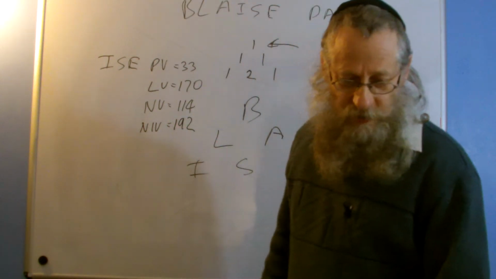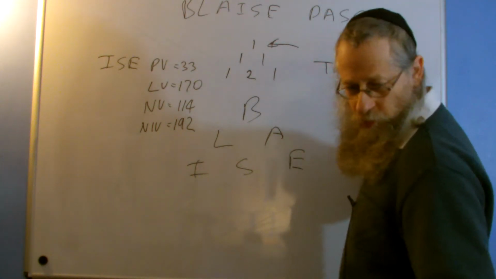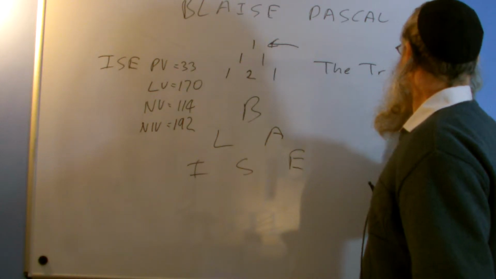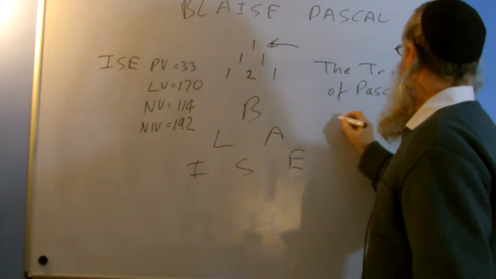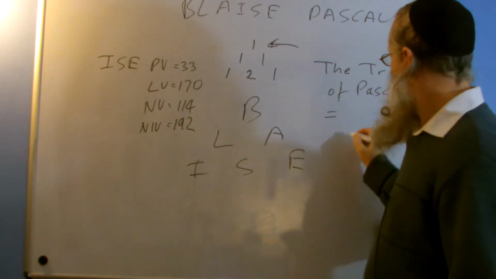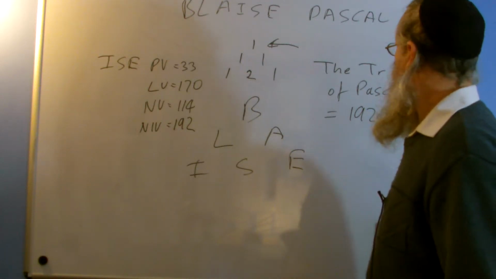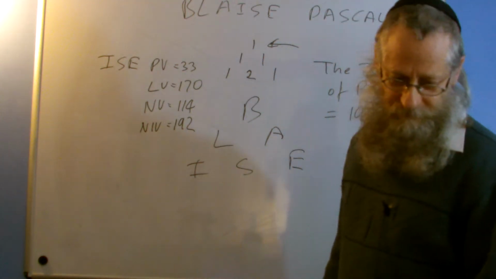So, firstly, we've got the triangle of Pascal, placement value 192. So we have a relationship now, the triangle of Pascal related to 192, the normal inner value of ISE.